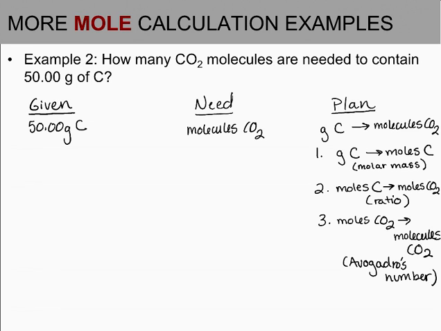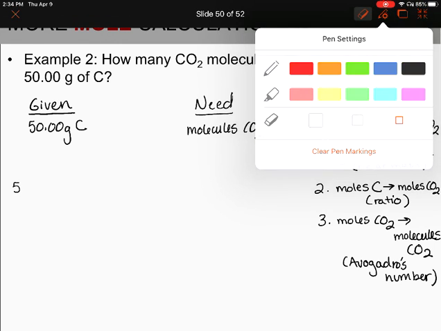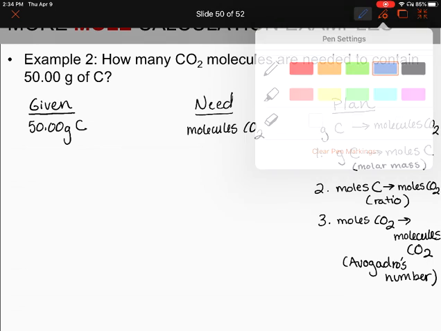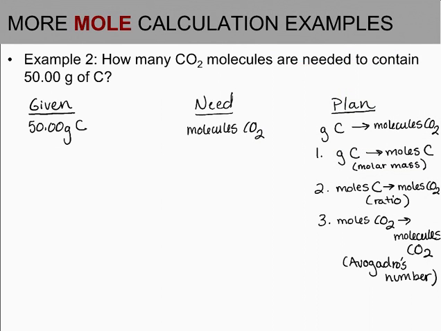So let's start with what we were given. Actually, I'm going to use a different color here. And because we have 3 steps, I'm just going to write out 3 conversion factor lines here.